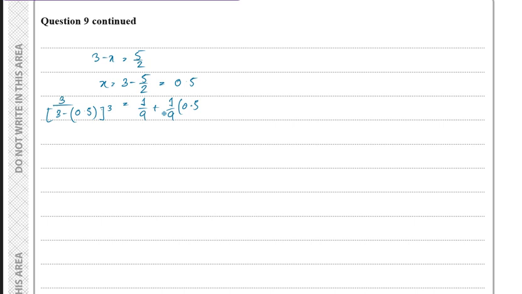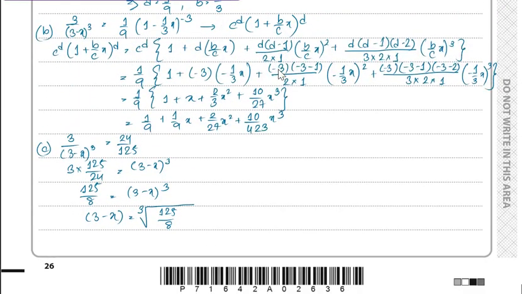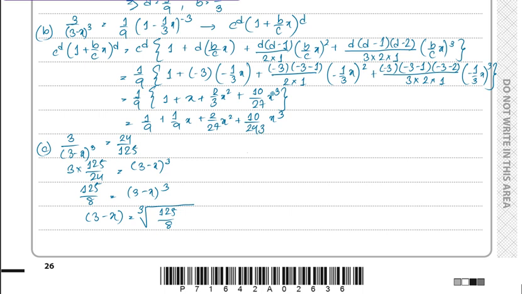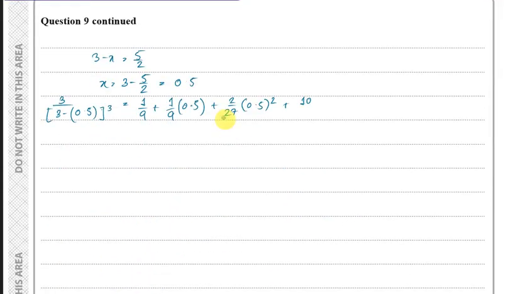At this time we'll substitute x with 0.5, and this would be 2 by 27, and this would be 0.5 squared plus 10 by, sorry, this would be not 423, I wrote it wrong. This would be 243. I'm sorry for that. I checked with the rough one I did before making this video, and sorry for the mistake. So it will be 10 by 243, 0.5 whole cube.